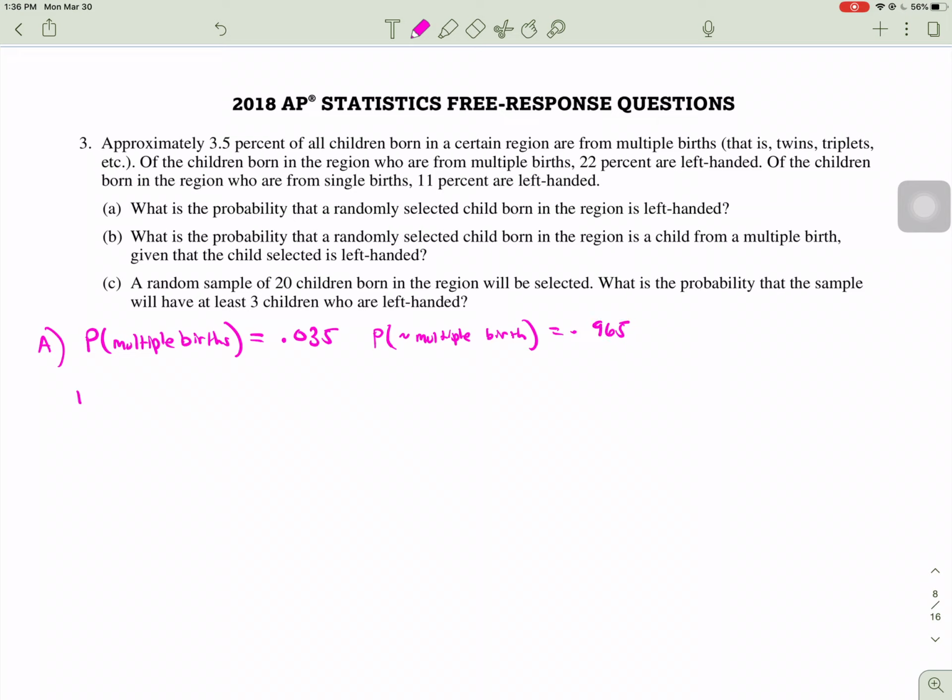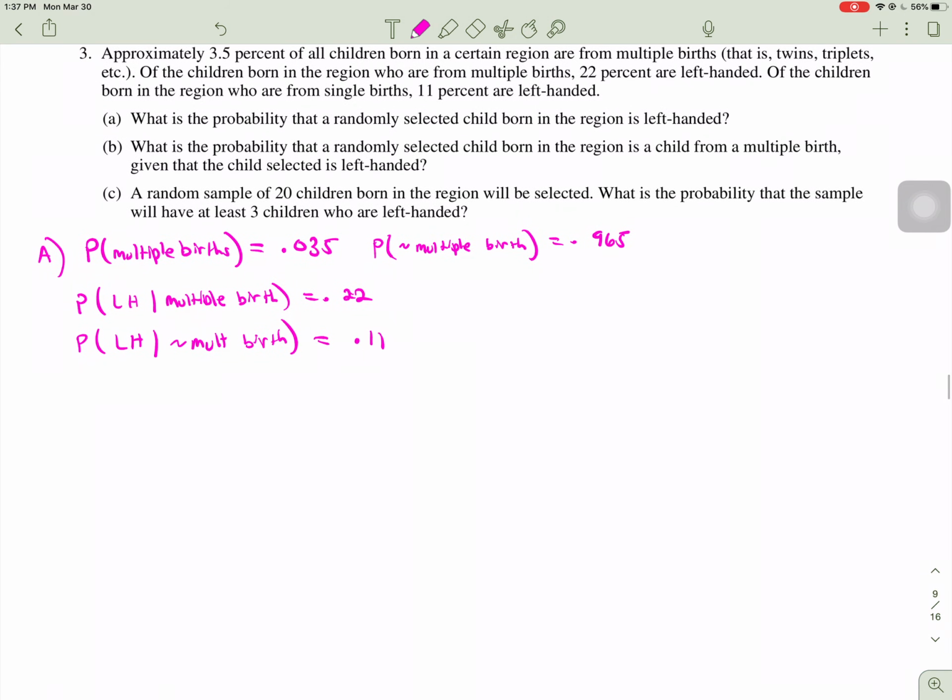And they also tell us the probability that you are left-handed given that you are a twin or something, 0.22, and left-handed given that you're not from multiple birth, they tell you that's 0.11. So it kind of looks like you're more likely to be lefty if you're not from multiple birth, but in a second we'll talk about that.